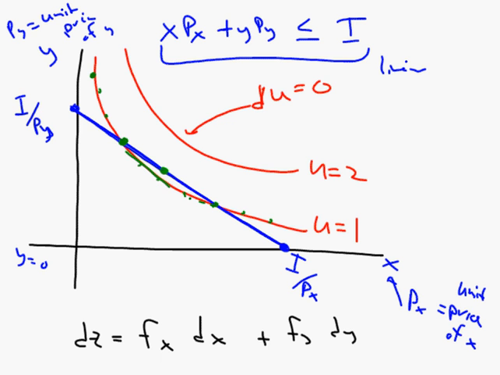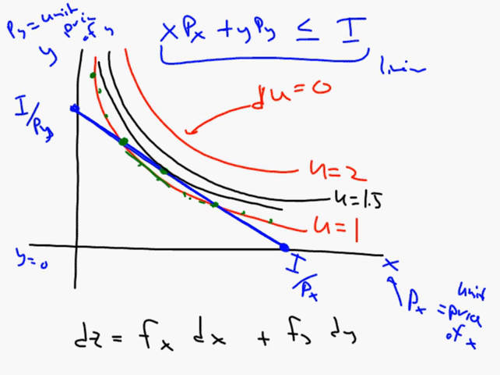There are other utility curves that I haven't drawn, but there is a utility curve between these two, and we know that the level of utility there is higher than 1 but less than 2, so maybe it's 1.5. There's also a utility curve that'll come by and just skim and be tangent to the budget constraint. So here's a little theorem for you, a little thing to think about.